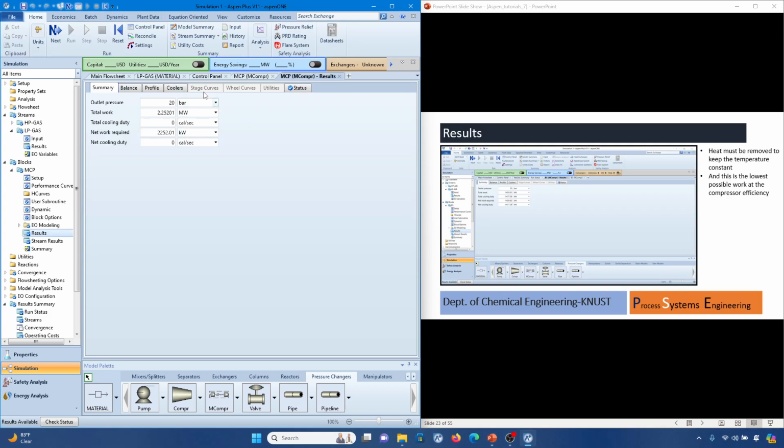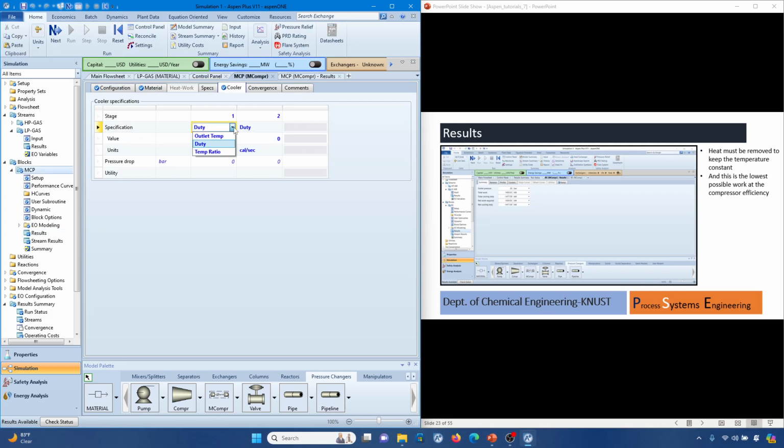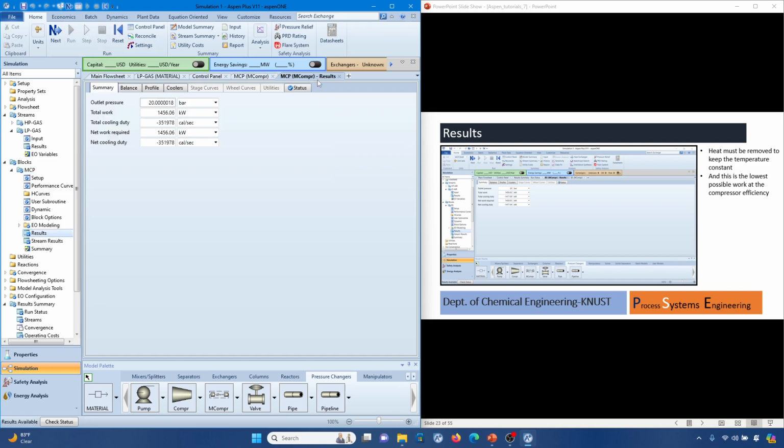The lowest achieved is when we cool, maintaining the temperature at the inlet by removing the heat. So the duty is calculated for us: how much heat you have to remove for this process to occur.